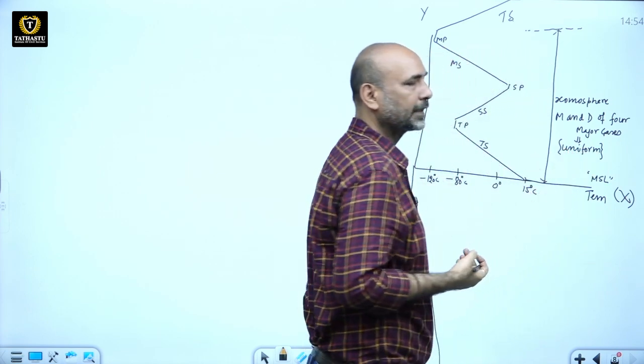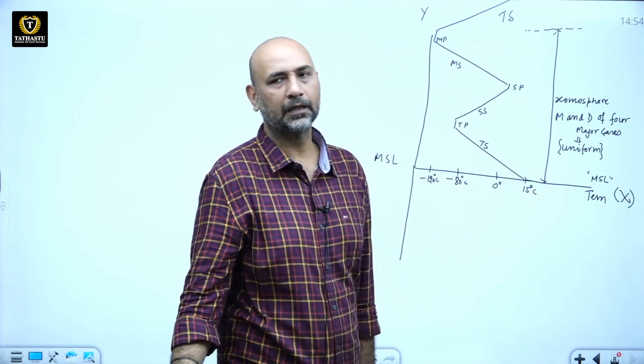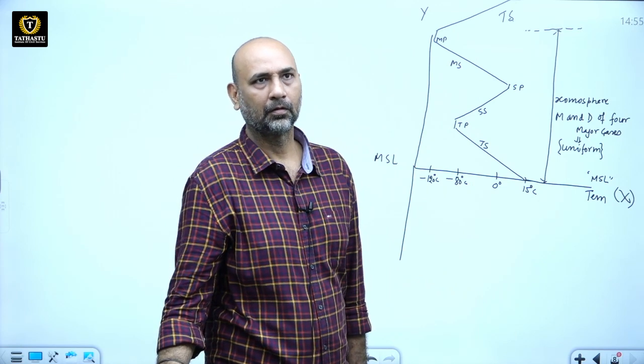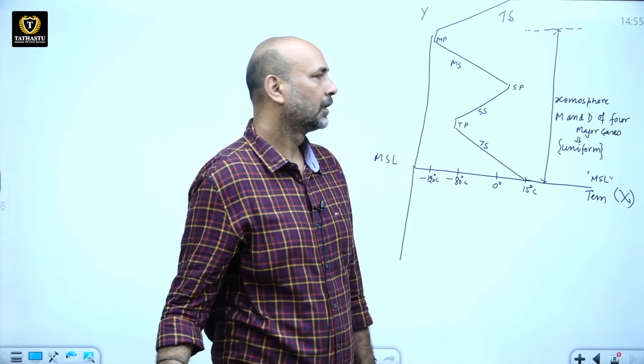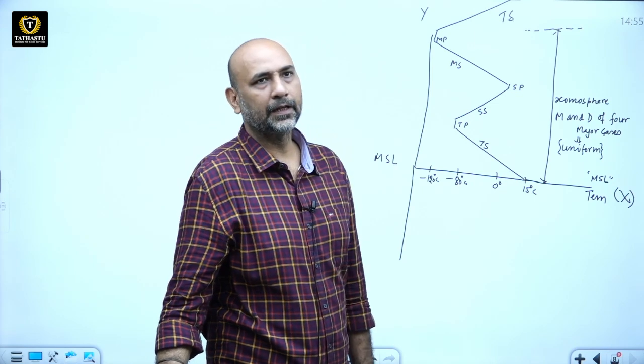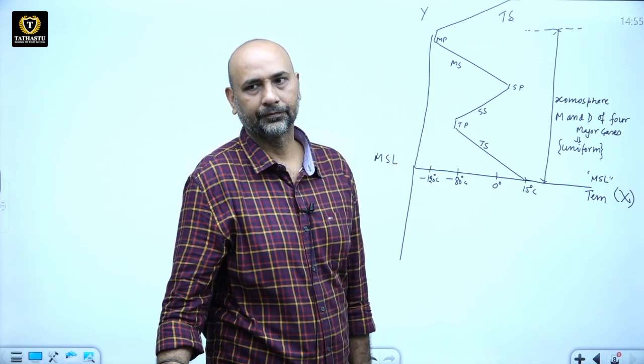Which are the four major gases? Nitrogen, oxygen, argon and carbon dioxide. Mixing and distribution of the four major gases are uniform. That is why these are called homosphere.